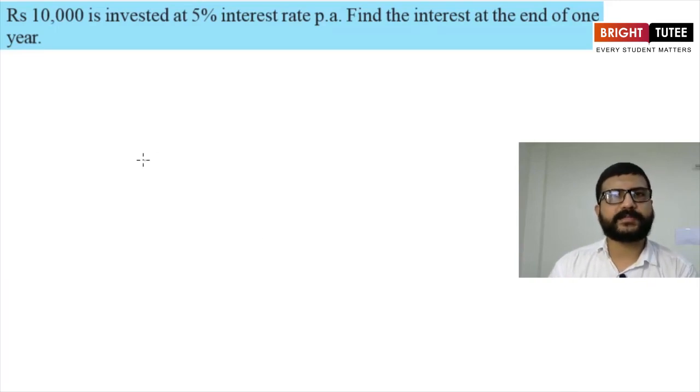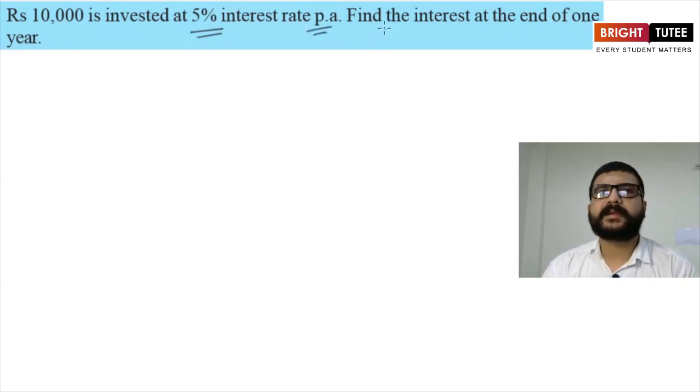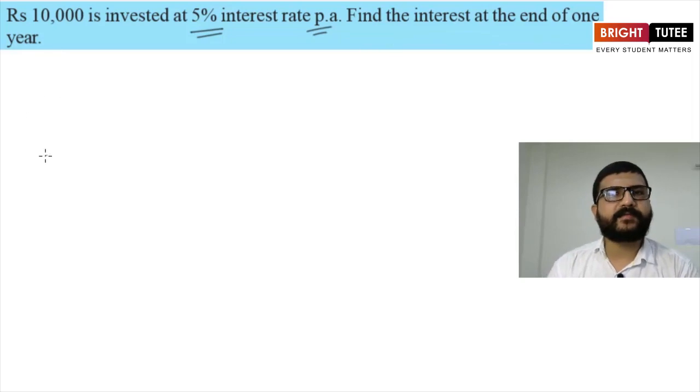Now let's try a few questions based on interest. The first one here is: rupees 10,000 is invested at 5% interest rate per annum. Find the interest at the end of 1 year. So the amount which is invested, that is the principal, is 10,000, and it is invested at the rate of 5% per annum.